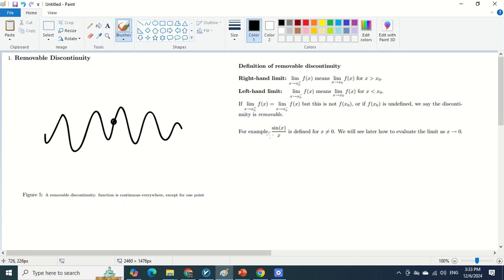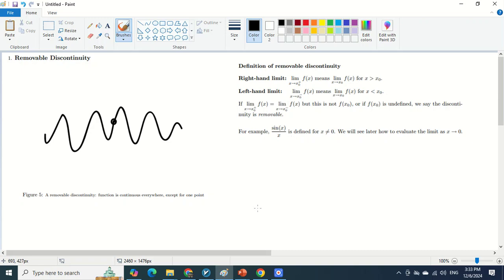If you consider that type of function, you can define the function such that it's going to be continuous. The main example is the one we had previously, sine x over x, which is not defined at x equal to 0. However, by defining the value of the function at that point as 1, the function will be continuous.